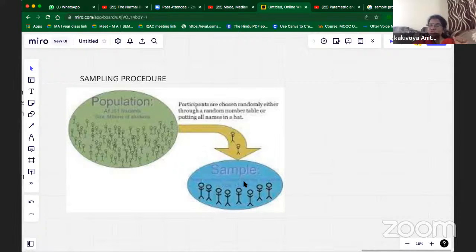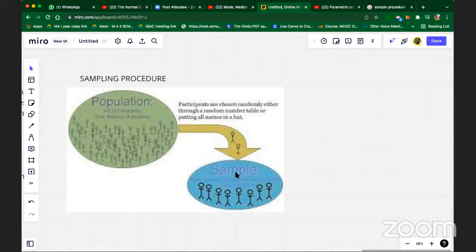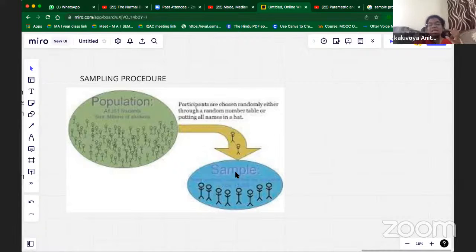And how do you choose those 50 people or 10 people? Can somebody tell? Randomly, by random selection. Exactly. There is some method through which you select. Research gives you certain methods, and those methods are nothing but sampling procedures.